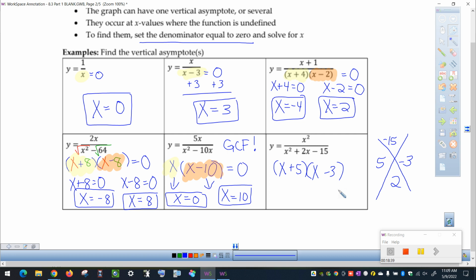So those special numbers first, those are not the vertical asymptotes. That's just how we are going to get this factored, so we get our parentheses filled in. Then we're going to set the whole thing equal to 0. I'm going to use my colors here so that we can see that there's two different parts to this. So we're going to get two answers for our vertical asymptote. So we are going to get negative 5 and positive 3.